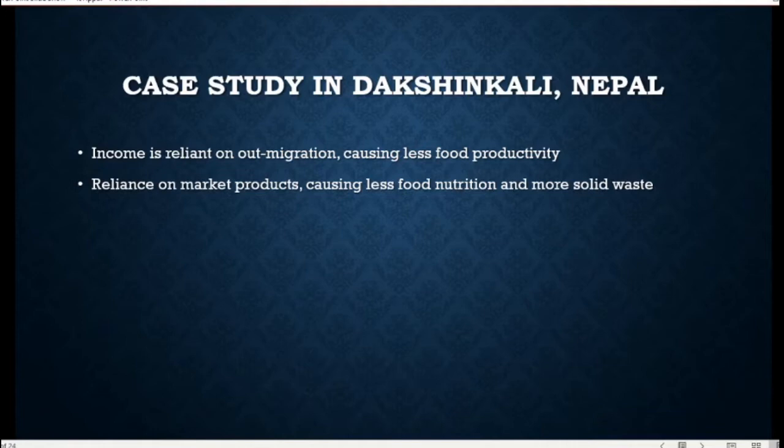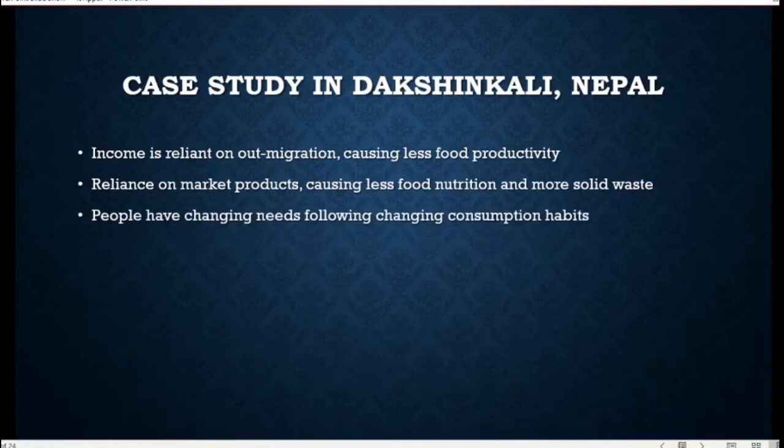It also produces solid waste, because those food products typically come with plastic packages, and Nepal hasn't had the ability to process garbage. So a lot of the solid waste ended up polluting waterways and rivers.